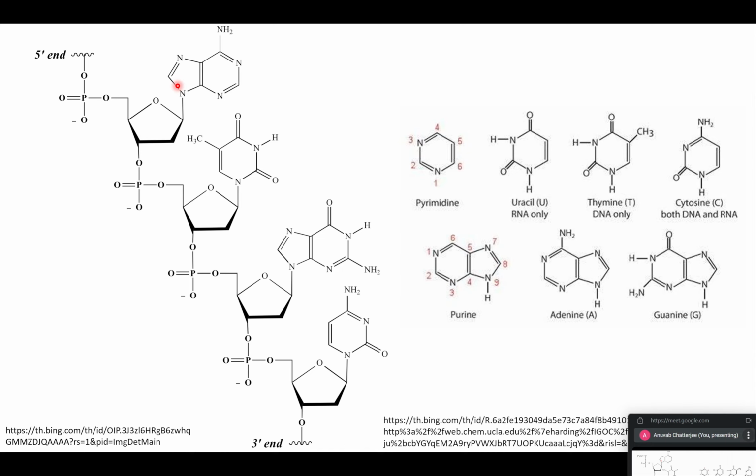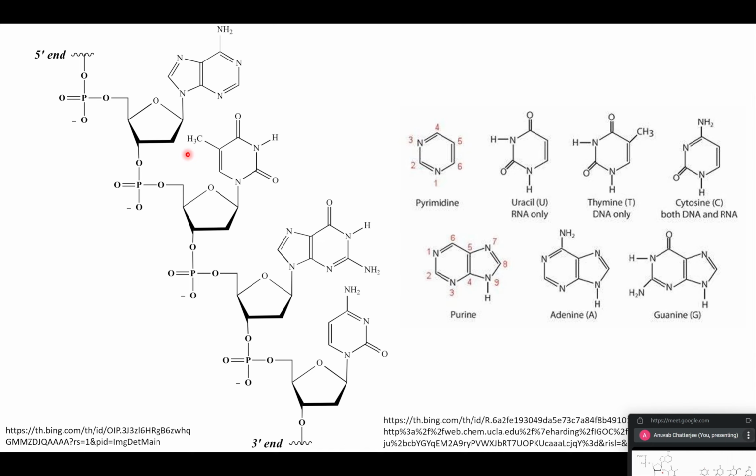And does anyone know what the difference between a DNA polymer and a RNA polymer is? What exactly would be the difference if we had a similar RNA polymer right here with the same nitrogenous bases? Other than the bases, what is the difference between RNA and DNA? Yes, Aruna, you are exactly correct.